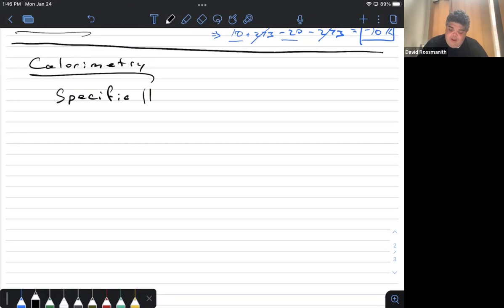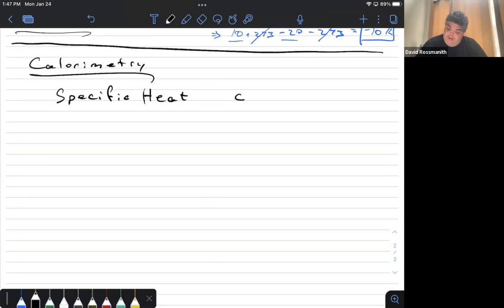And you can think specific because each material is different. So the specific heat of a material tells you the amount of energy required to change the temperature of 1 kilogram of the object by 1 degree. And the variable is little c, the letter C, small c.